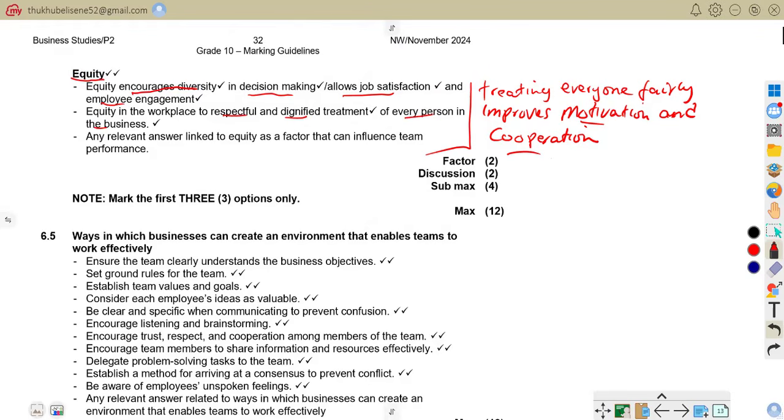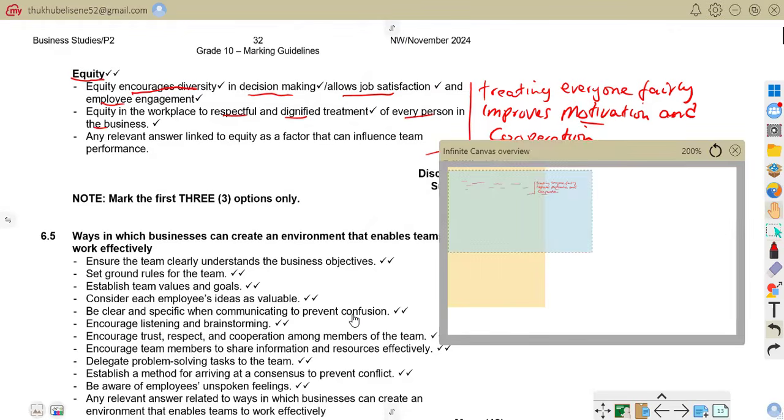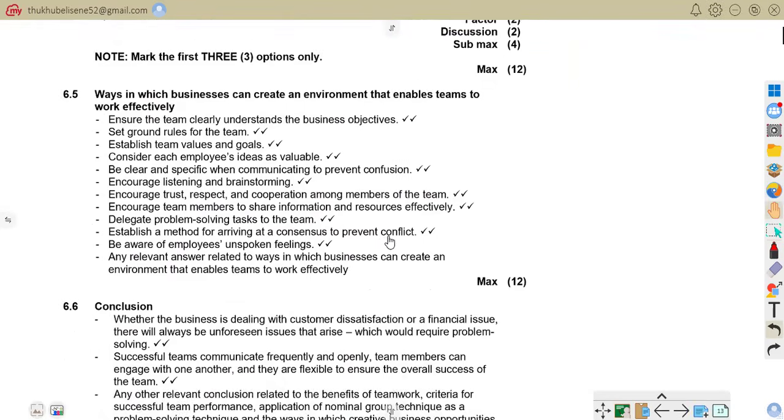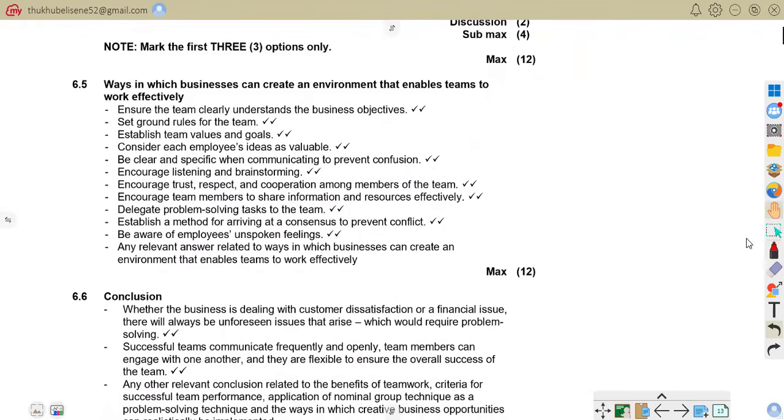So now we come to the ways in which a business can create the environment that enables teams to work effectively. Ensure the team clearly understands the business objectives, set the ground rules for the team, establish team values and goals, consider each employee's ideas as valuable.